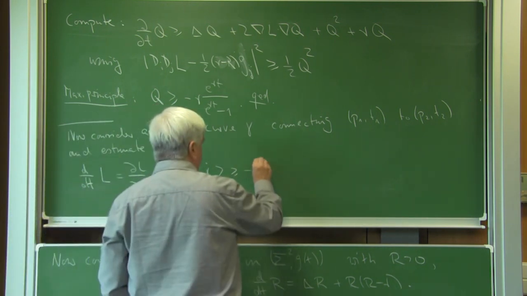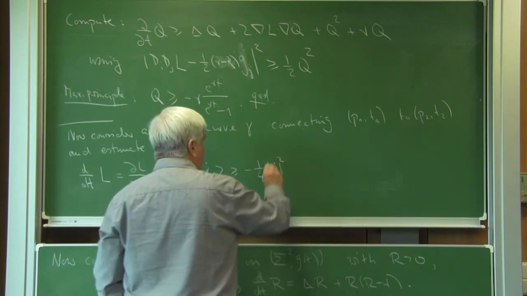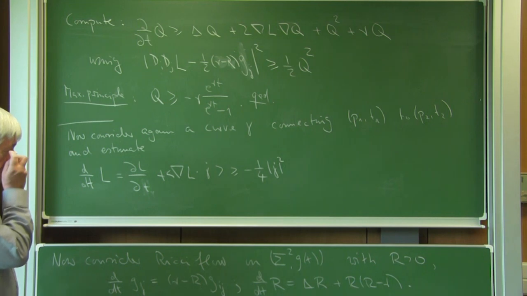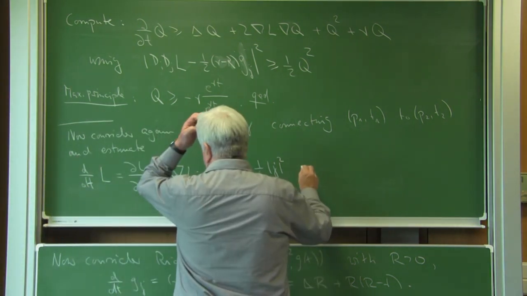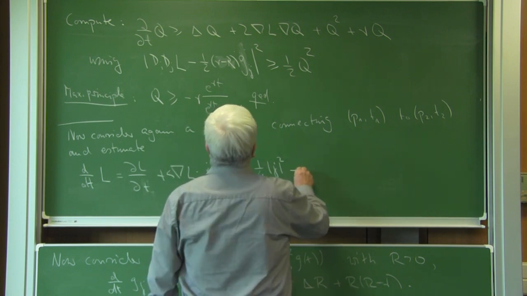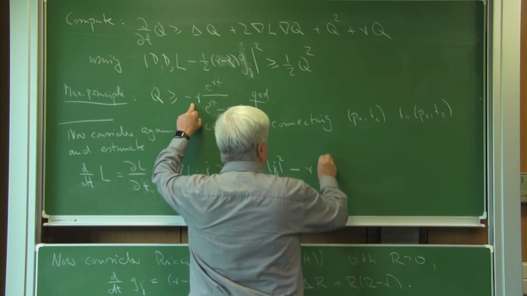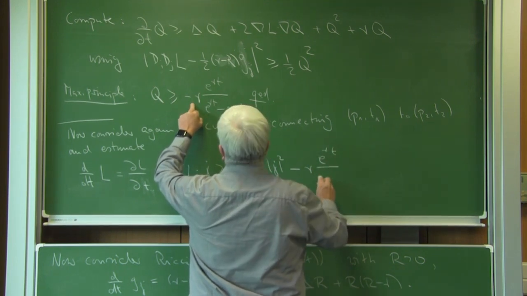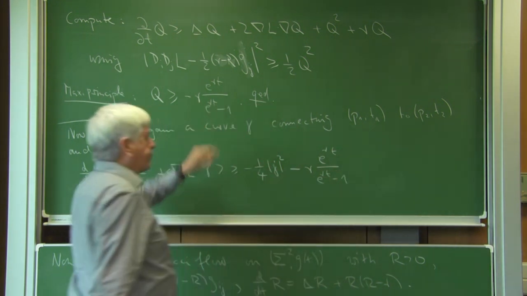We combine this with this, so we get minus 1/4 gamma dot squared as before, and the other term coming from the Q was the term on the right hand side here, minus r e to the RT divided by e to the RT minus 1.